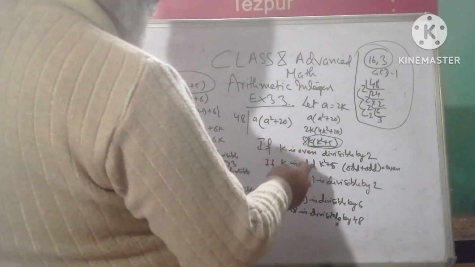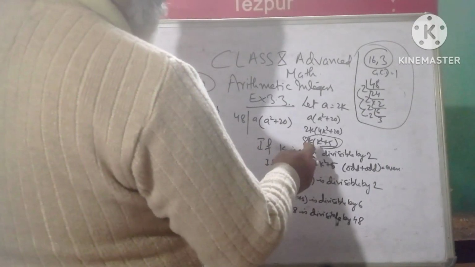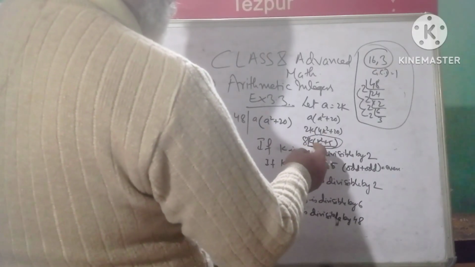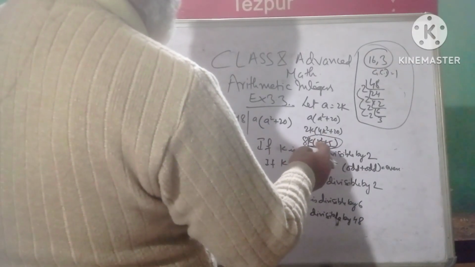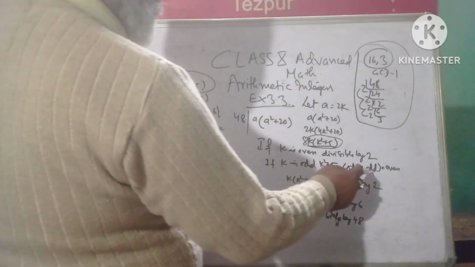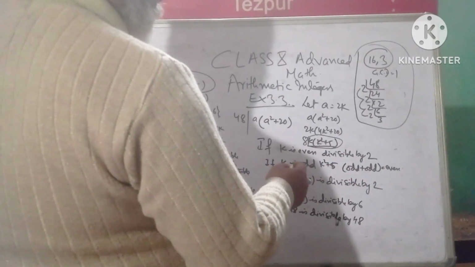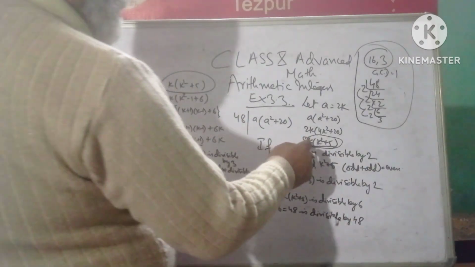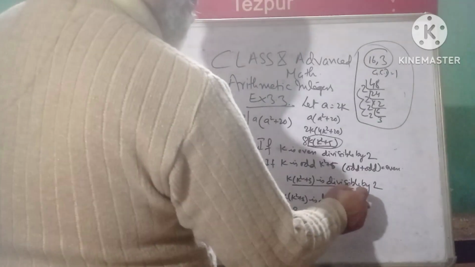But if you take k odd, then k square will be odd, and the sum of two odd numbers is an even number, so this becomes divisible by 2. So either k is even or odd, this is divisible by 2.